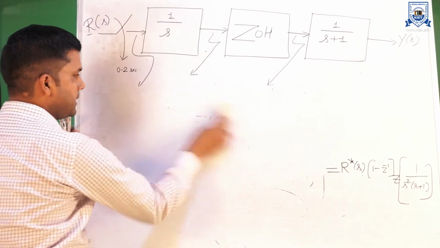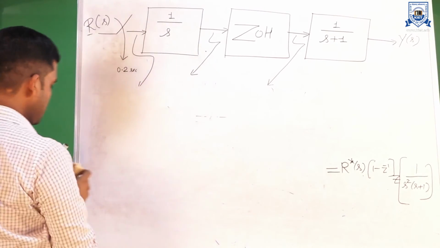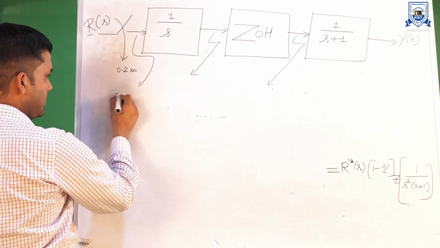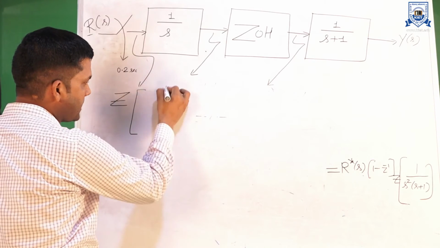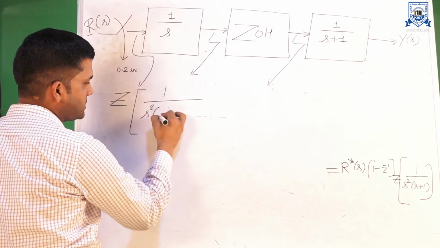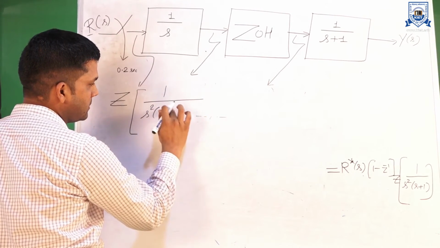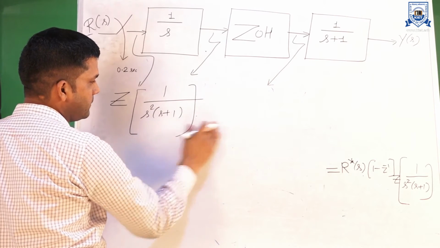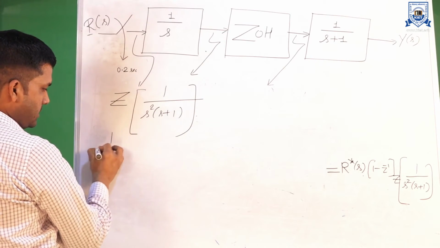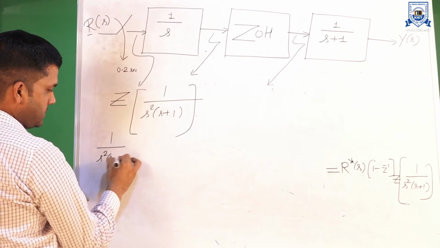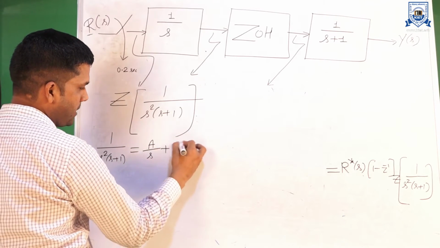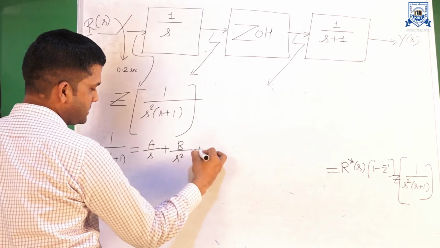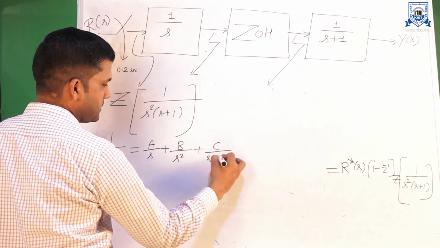How do we calculate the output? First of all, we have to find the Z transform of 1 upon s square into s plus 1. For the Z transform of this sequence, we need partial fractions: a upon s plus b upon s square plus c upon s plus 1.